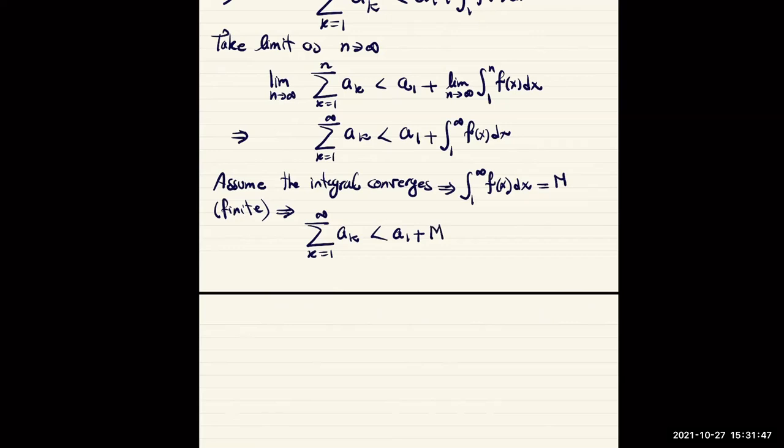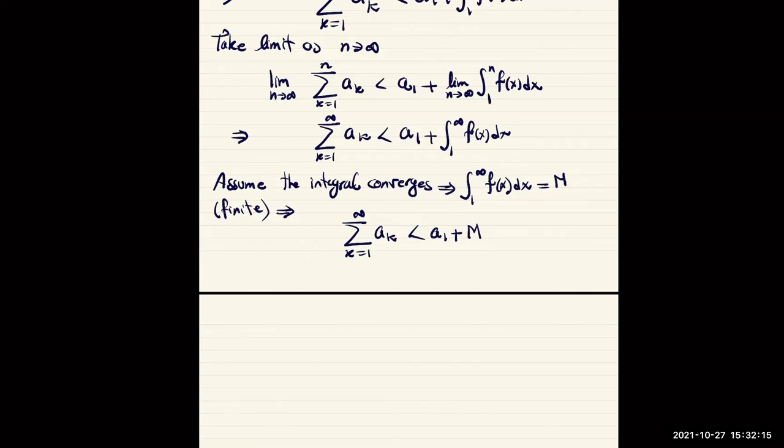Just think about this result for a second. This is telling you that your infinite series is less than something finite. Imagine a1 is 1 and m is 10. If your series is less than 11, then there is no way the series is going to be infinite. There is no way it will diverge.